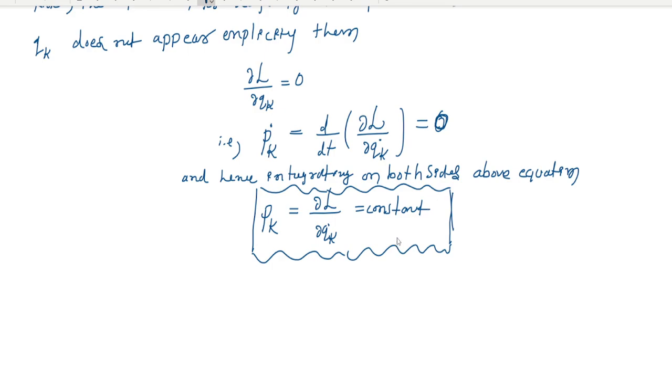Thus, whenever the Lagrangian function does not contain a coordinate, especially a generalized coordinate, explicitly, the generalized momentum p is a constant of motion. The coordinate q k is called a cyclic coordinate.